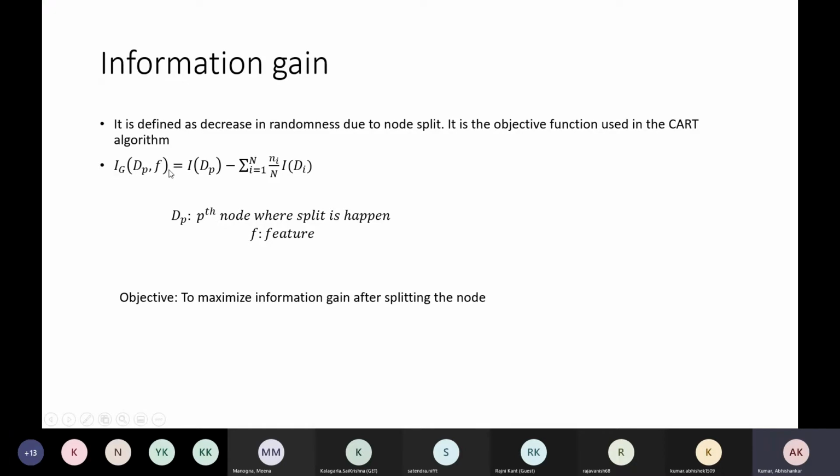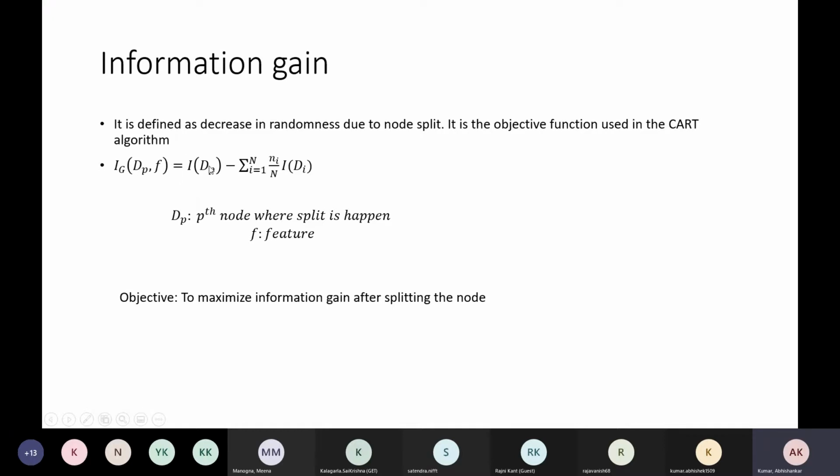So just see how we are defining information gain. IG(Dp, f). IG is the information gain. Dp is the data at the parent node, and f is the feature which is used to split the data.